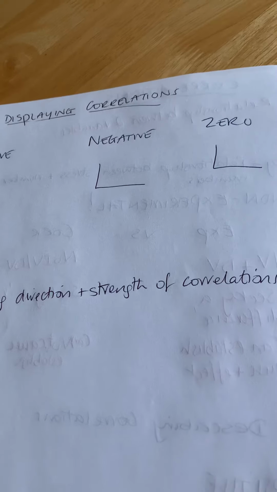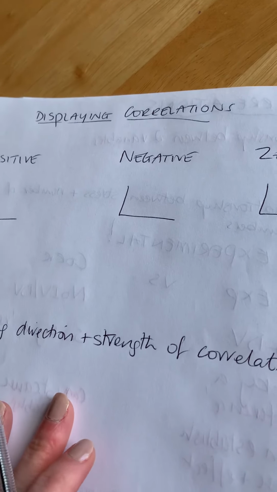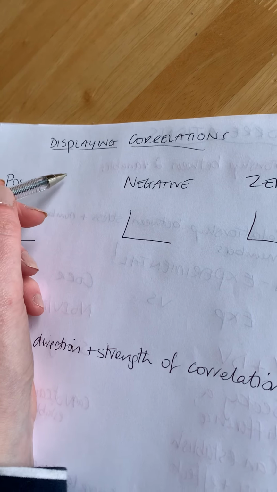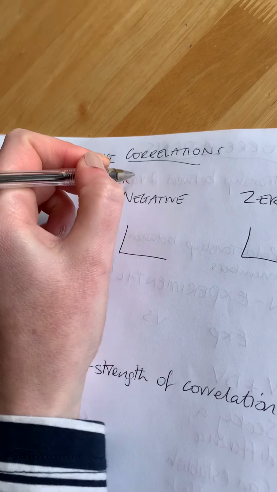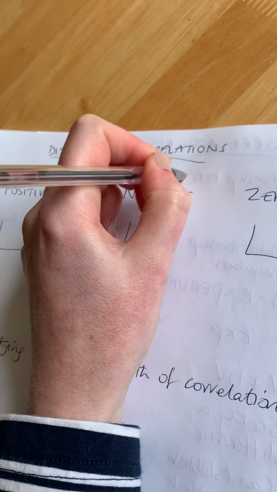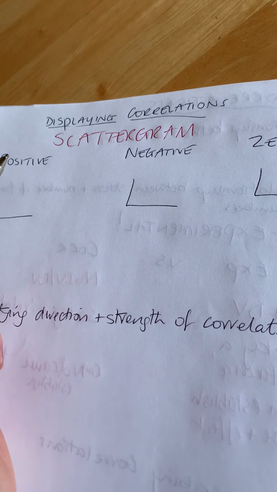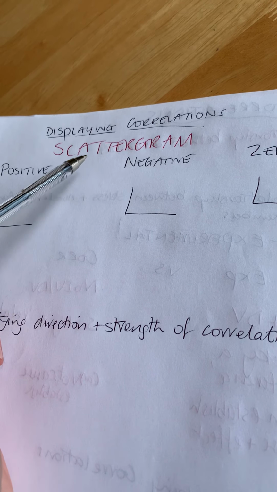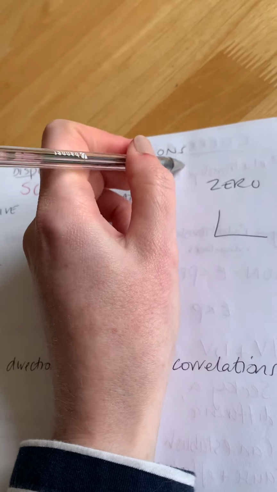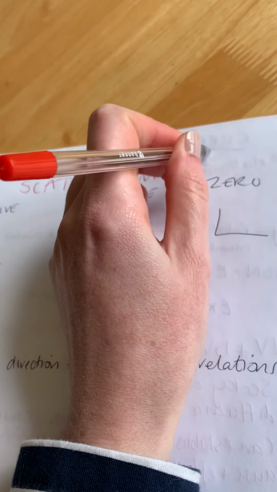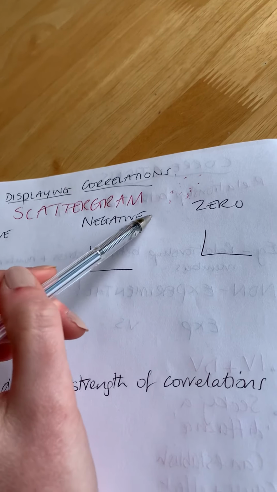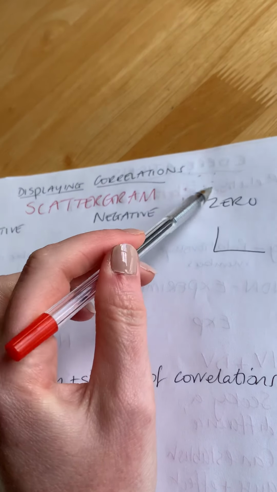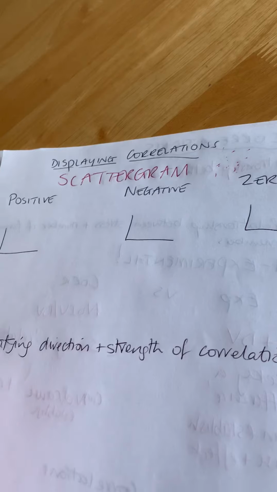Okay, so displaying correlations. If we wanted to visually display a correlation, it will always be through a scattergram. Now we'll be doing a wee bit next week on displaying data. So a scattergram is where you have lots of points plotted, but they're not joined up. Because joined up would be a line graph, wouldn't it? So just lots of points plotted.